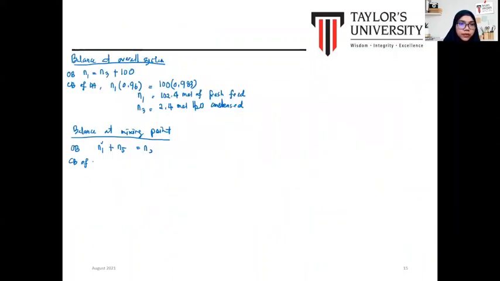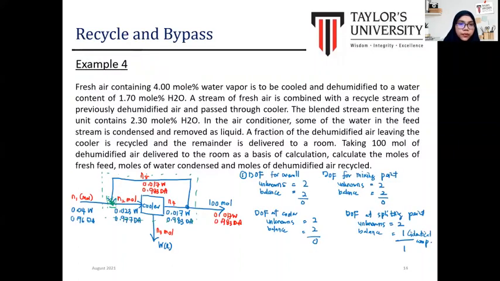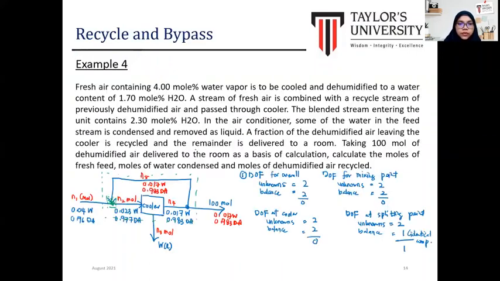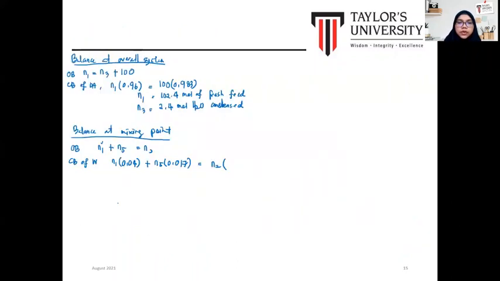So I choose water first. So we have N1 times 0.04, and then plus N5 times 0.017 equal to N2 times 0.023. So for N1, you can insert the obtained value.